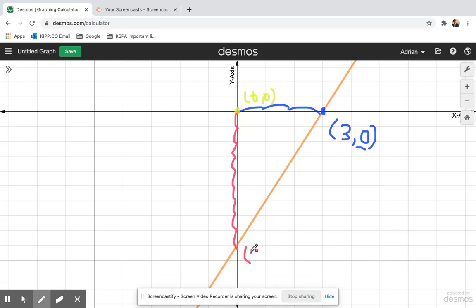So this point is at 0, because again, the inverse of my x-intercept is my y-intercept. So this time my x is 0. Got to remember to include my negative and my 9. So again, what we're doing today is counting the steps out from our origin point.